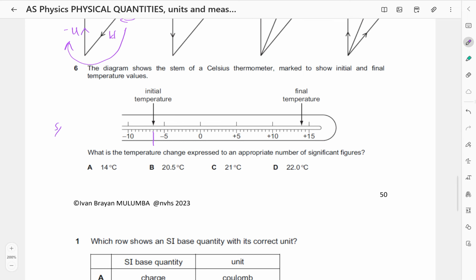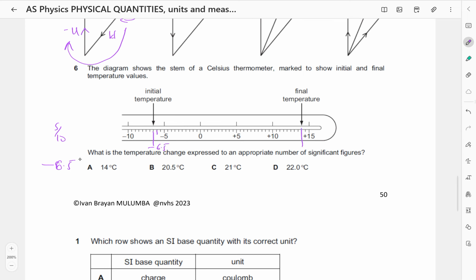So that is 5 divided by 10, that is 0.5. Each division is 0.5. So this is negative 6.5.